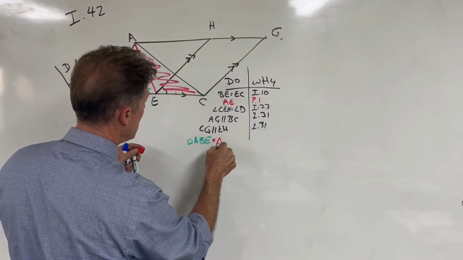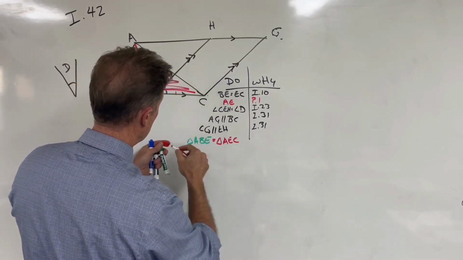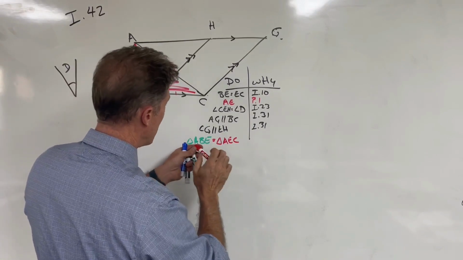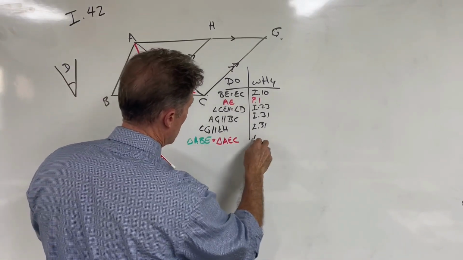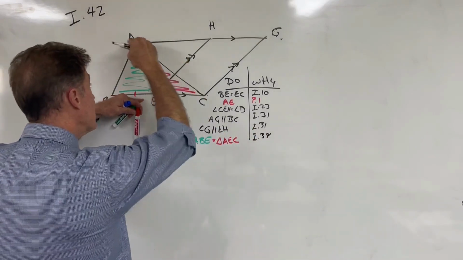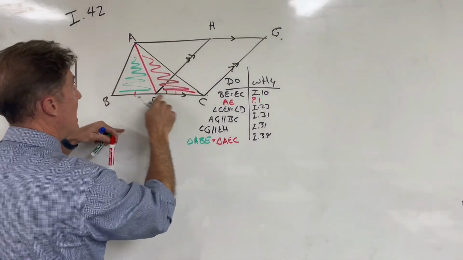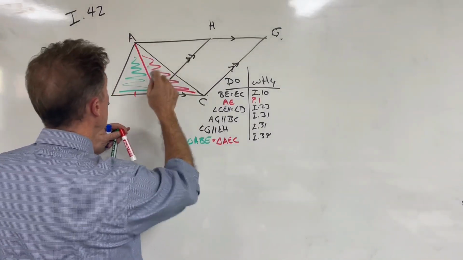And these triangles are equal, as we'll show in just a second, AEC. They're equal because, according to prop 38, they're on equal bases and they're contained in the same parallels. So there are the parallels, and that contains both these triangles, and they're both on equal bases. Therefore, they're equal to each other.